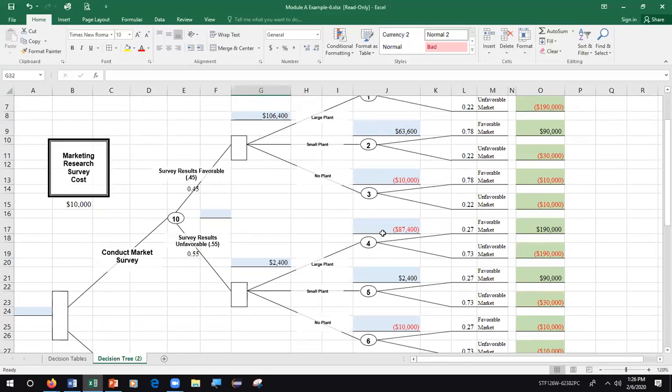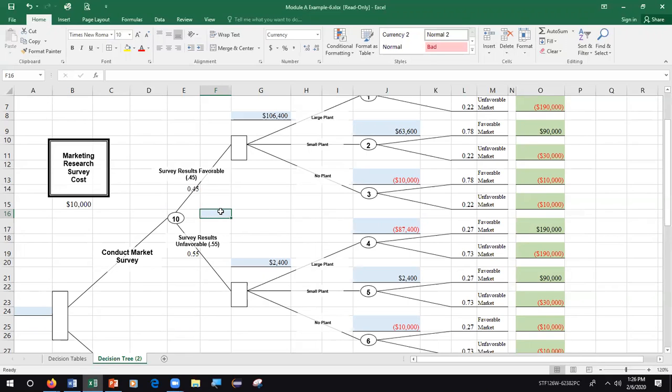So now we need to go back one and go up there to that next place where we make a decision. And that is right here. I should have done this before. So anyway, on the favorable, unfavorable, so again, I forgot to do this, but my EMV here is to look at G8 times its probability, and they gave me this probability right here.